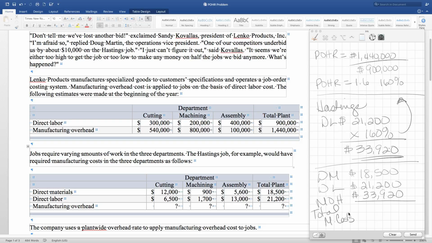Let's see, 18,500 plus 21,200 plus 33,920. I got total cost for the job 73,620. All right.